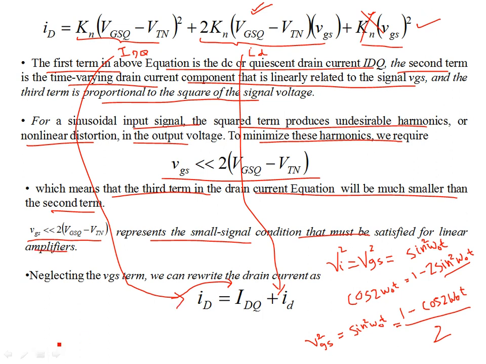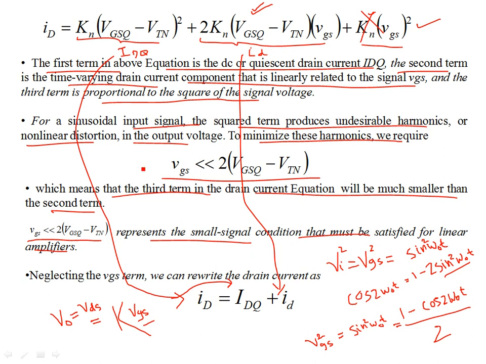For a linear amplifier, remember that the output voltage, which is the AC component of VDS, has to linearly reproduce the input voltage VGS, except that it is multiplied by some scalar, let's say capital K. If you consider this third term, that's not the case. Then the output has harmonics, and it's not the scaled version of the input, right? So we have to remove this.